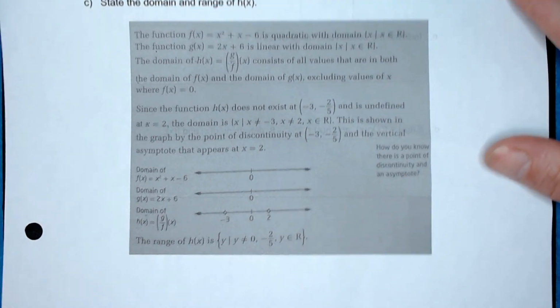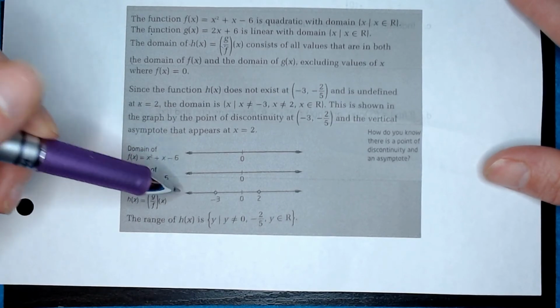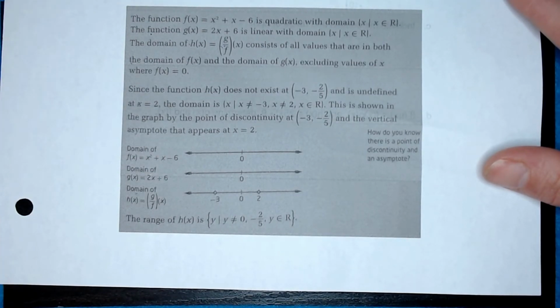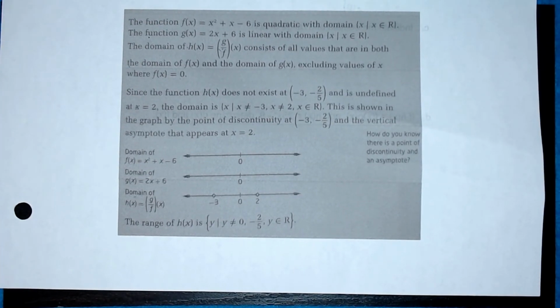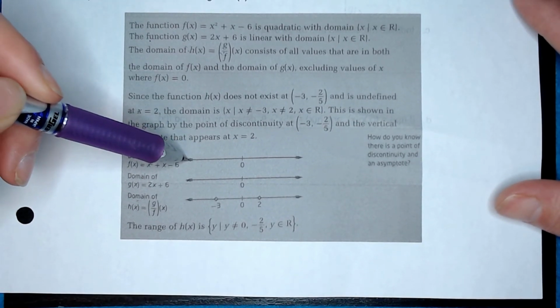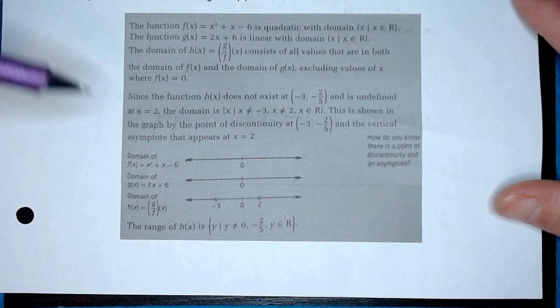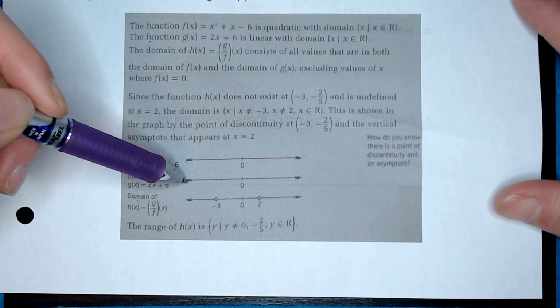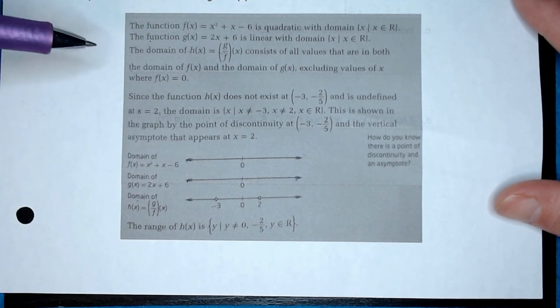If you're unsure, you can always draw one of these number line charts to help you determine what the range and domain will look like. So you can see here the domain of the parabola f of x goes from negative to positive infinity. The same for our straight line g of x, negative to positive infinity.